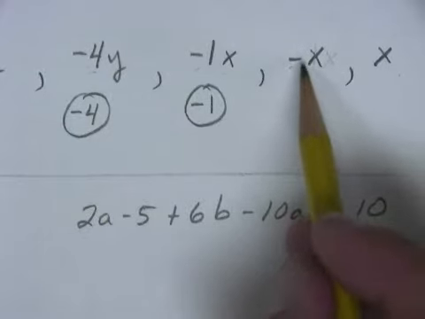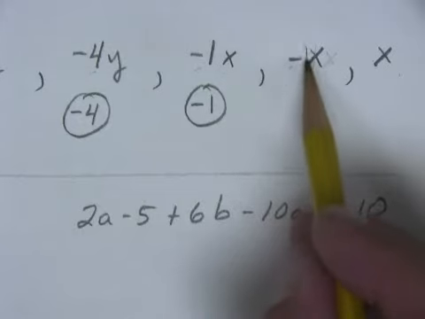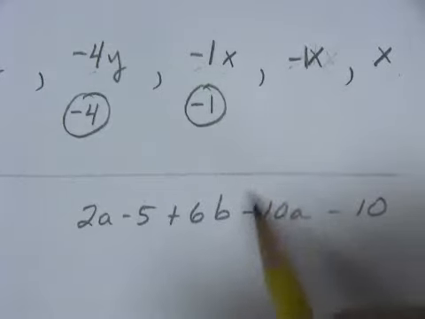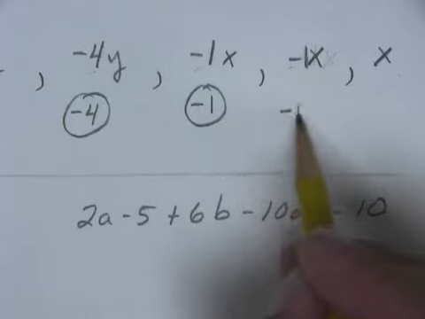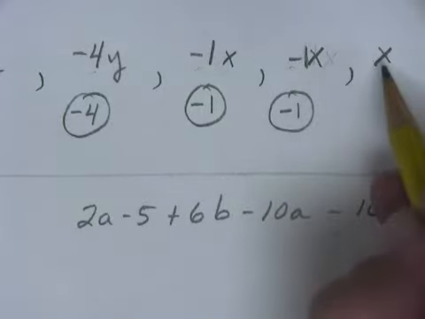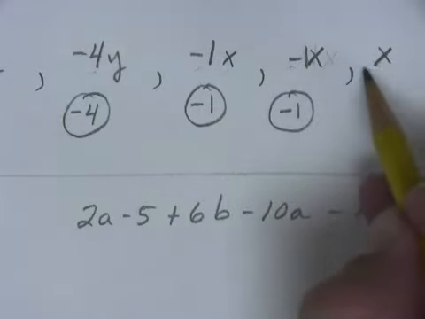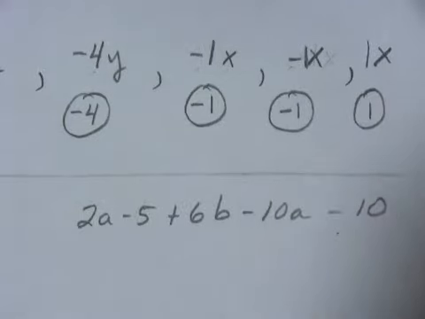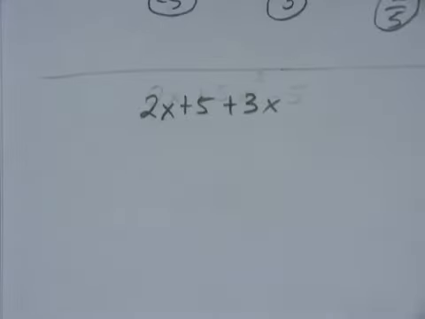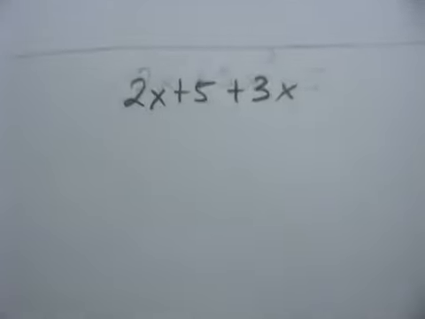So there's really a 1 right there. If you want to put that in there, there it is. So the answer on that one is negative 1. Same thing on this. If you don't see a number in front, we can assume that it's 1. Boom.